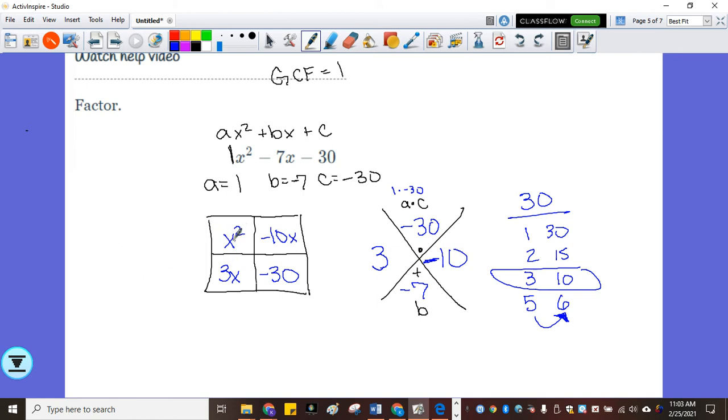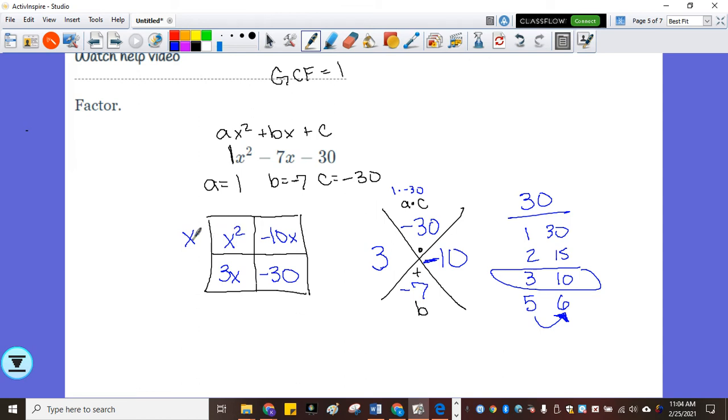What multiplies to x squared? What are these two numbers going to be? What do x squared and negative 10x have in common? They both have an x.